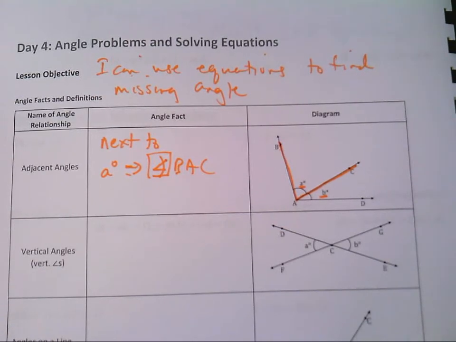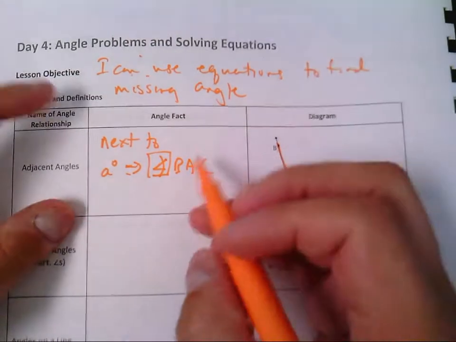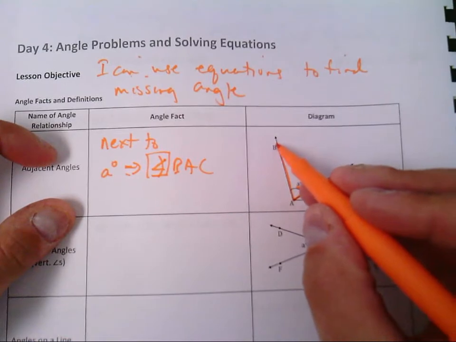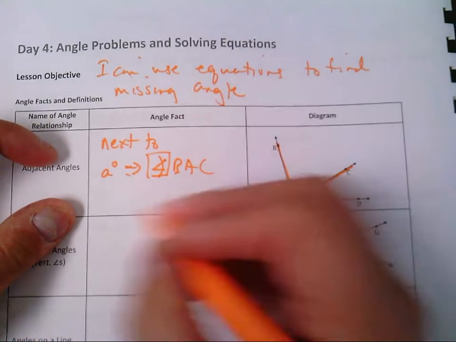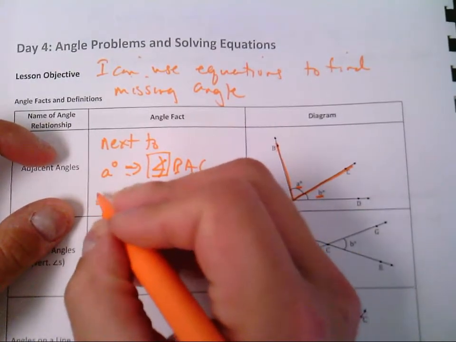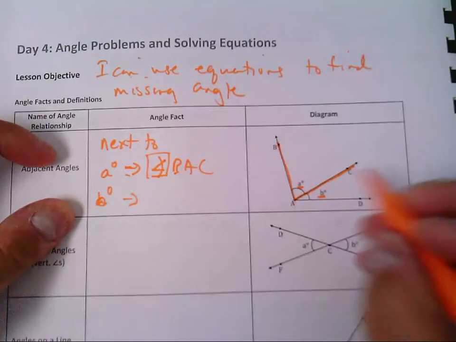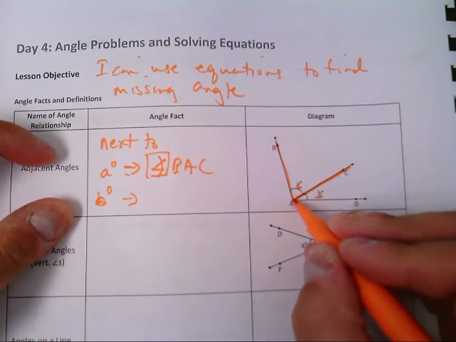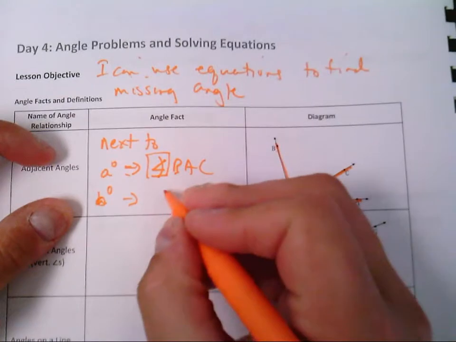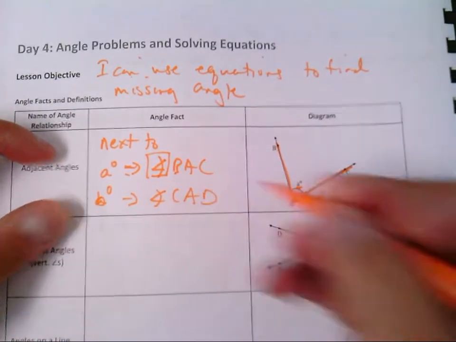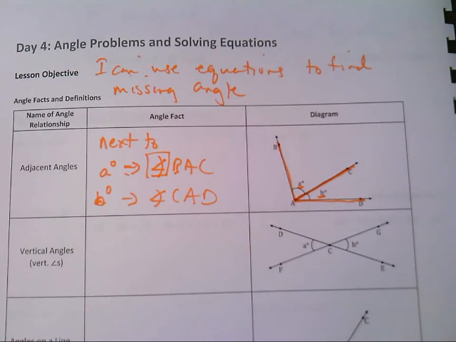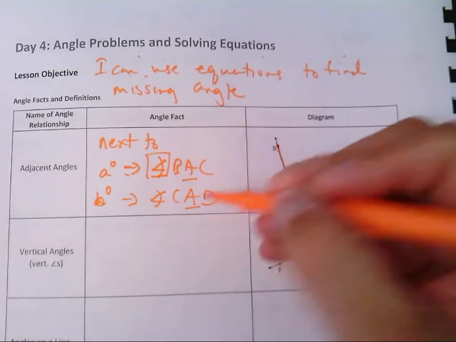So really it's about just naming these angles. Okay, 3 letters. Follow the map: B to A to C. Then angle B, or B degrees, would be the angle from C to A to D. Angle CAD. And that's how angles are named for the most part. Sometimes you'll see them as numbers as well. The one thing that's important is that middle point.